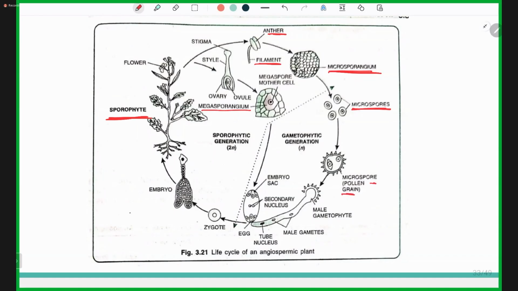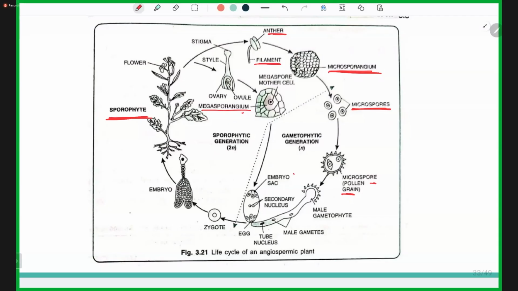In the megasporangium, the ovary, inside the ovary, it will have an ovule, and the ovule can be one or many. Out of the cells of the nucellus, only one gives rise to a megaspore mother cell, and that cell gives rise to four cells by meiosis, and out of these four cells, three degenerate and one gives rise to the embryo sac.